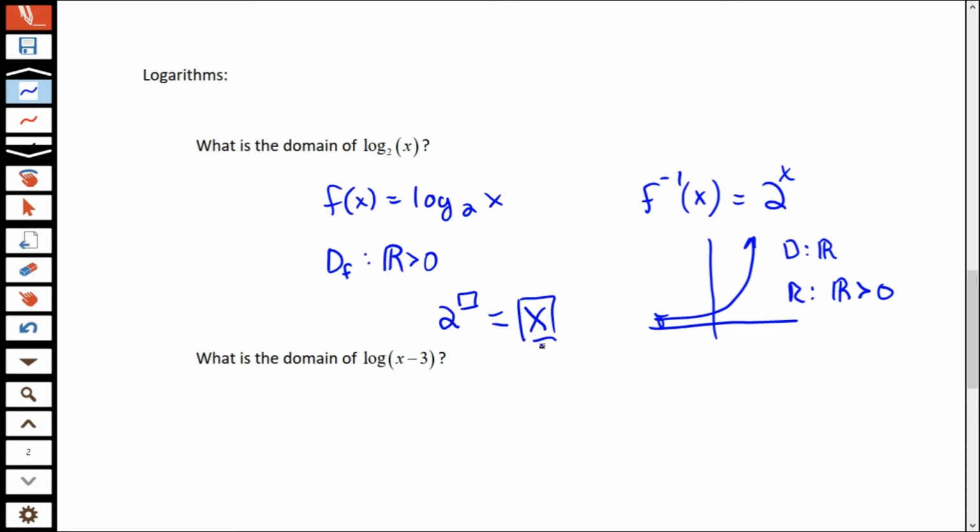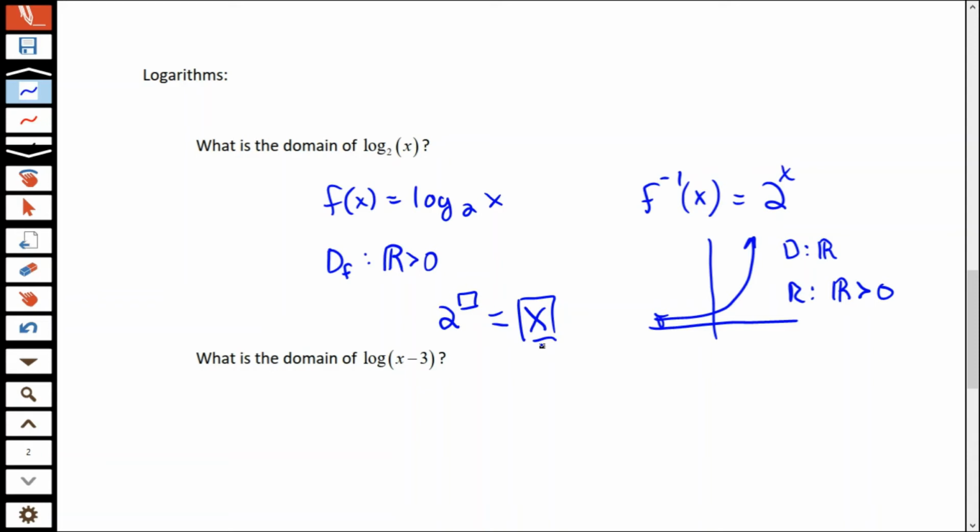We can't say 2 to the what equals negative 8. It's impossible. 2 to the what equals 0? Can't do it. We can make 2 to a power close to 0 by plugging in negative exponents, but we can never make it actually equal to 0.